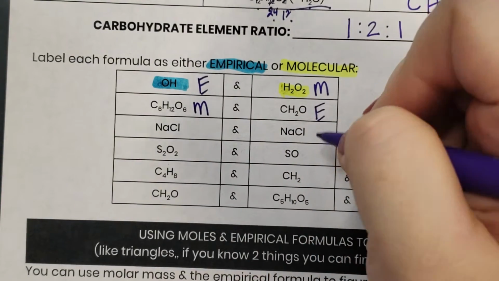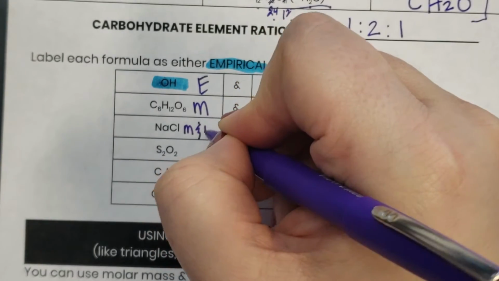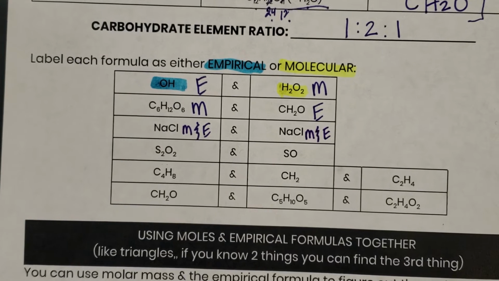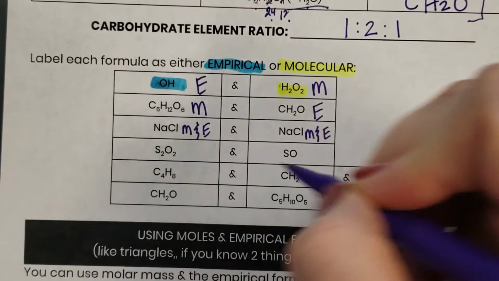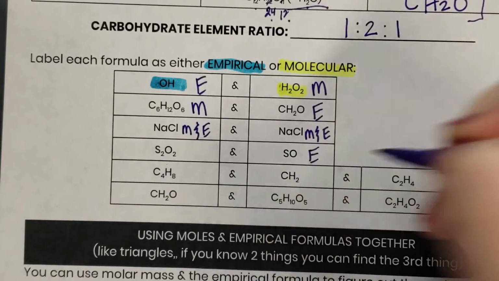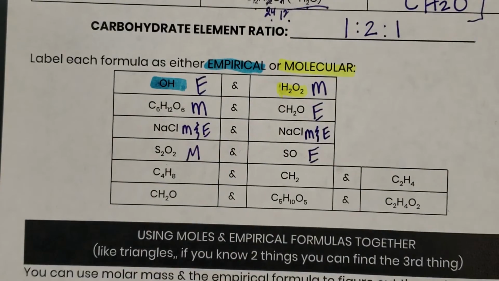NaCl is both, it's the molecular and the empirical, because it cannot be reduced any further, and it also is the exact number of atoms. So right here, S2O2 and SO. SO is the reduced version, so this is the empirical. So that makes S2O2 the molecular.